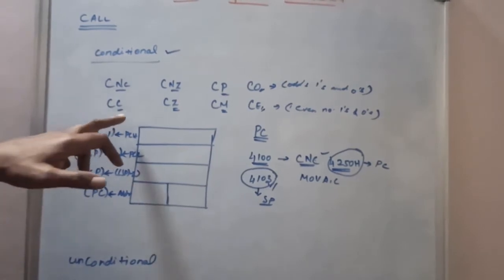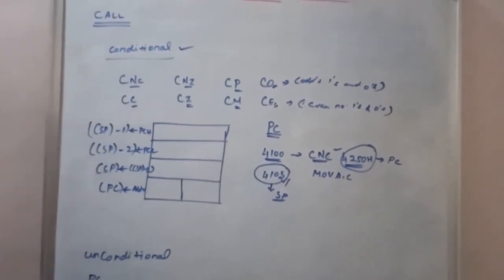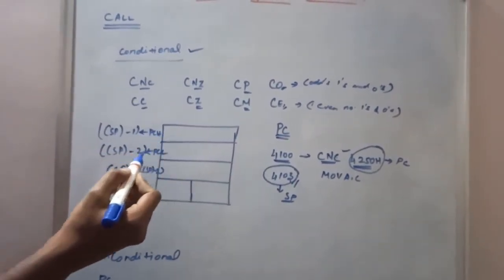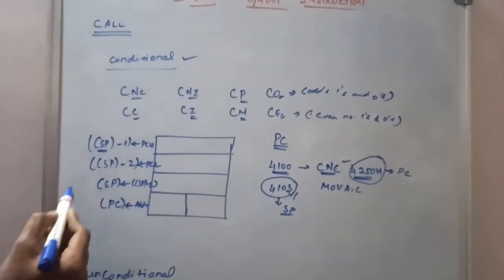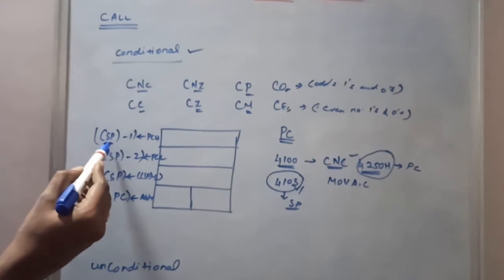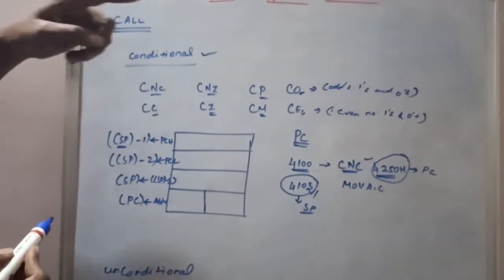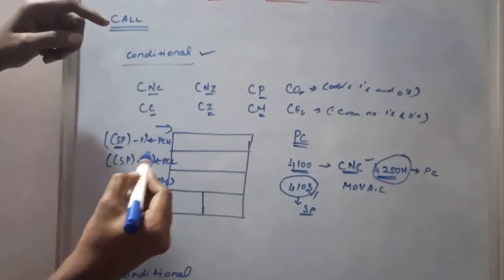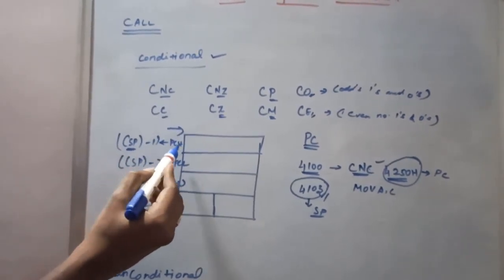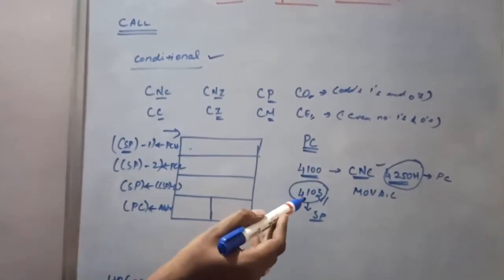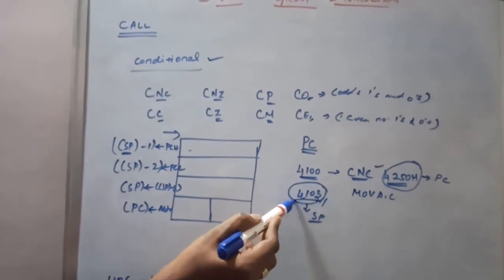This is the structure of the stack. The stack pointer, SP, always points to the top of the stack. SP minus 1 is reduced by 1, so in this location you can store the next executing location 4103.